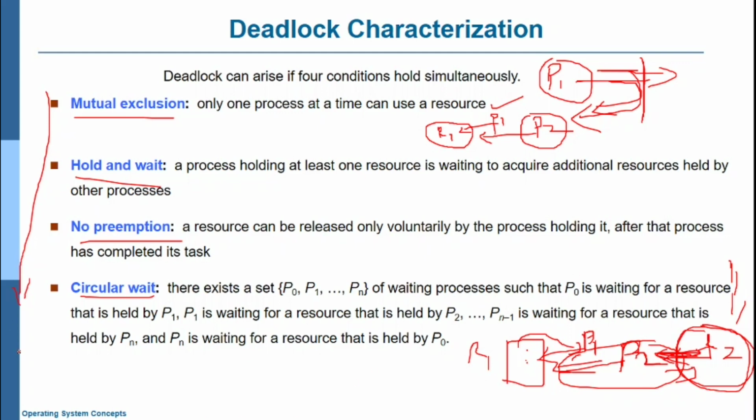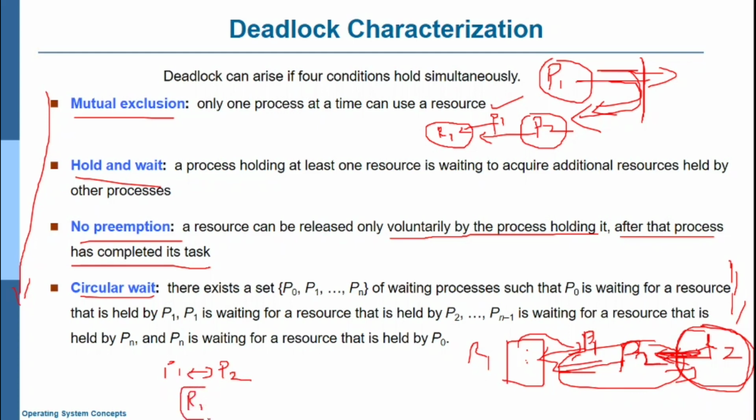No preemption. A resource can be released only voluntarily by the process holding it, after that process has completed its task. For example, P1 and P2 are two processes, and both are friends.